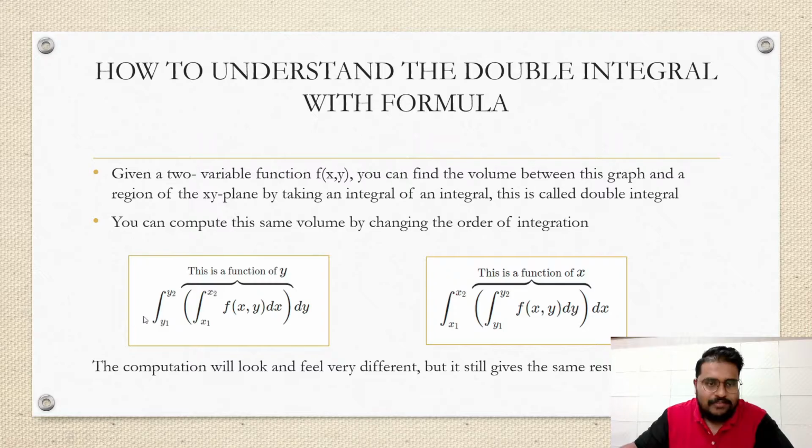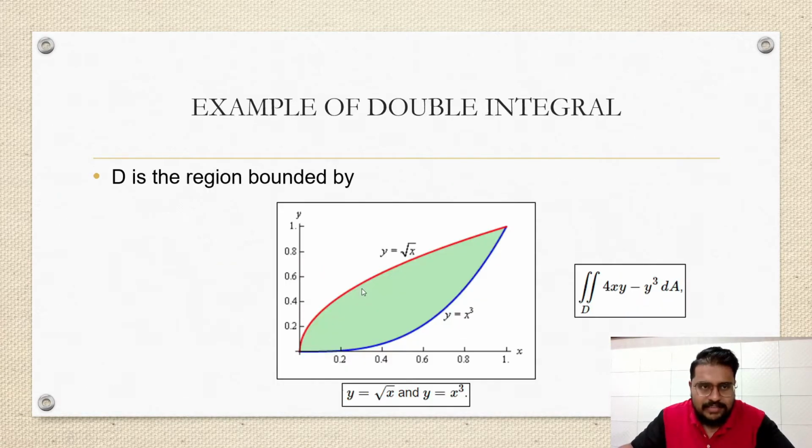In the first picture on your left hand side, the bracket contains dx, making this a function of y, whereas the picture on your right hand side is dy, making this a function of x. No need to worry, the computation will look and feel a bit different, but it still gives the same result.